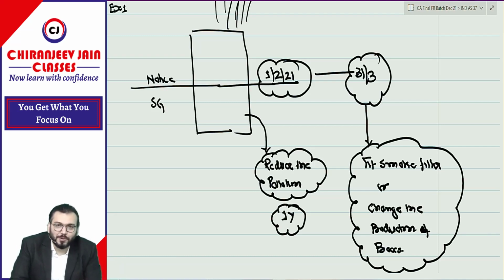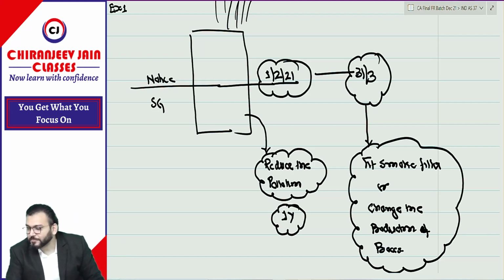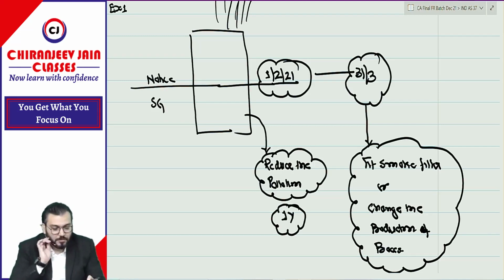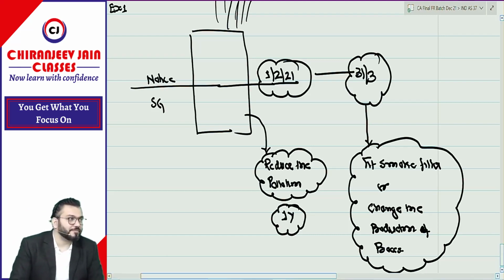Now, what will you do? Whether you will create provision or whether you will not create provision. How many are saying yes, we should recognize provision? How many are saying we should not recognize provision?